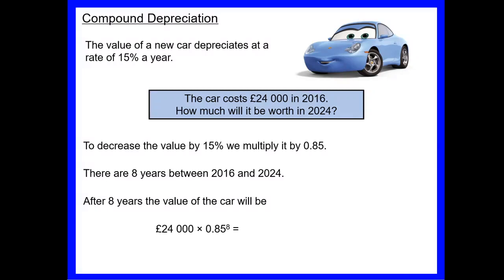So once per year we are decreasing the value. So after 8 years, to the nearest pound, our car is going to be worth £6,540. Okay, if you need to pause the video now, make sure you are happy with those calculations.